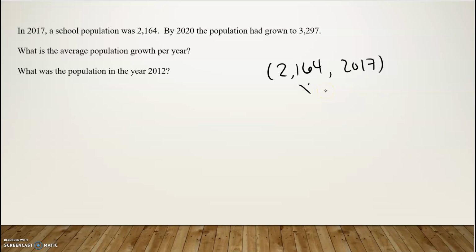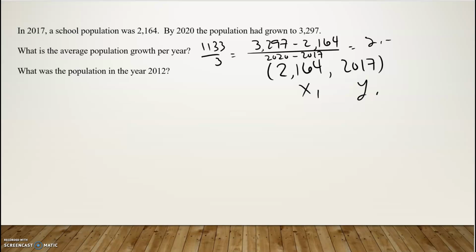And I used this as my x1 and y1, but when you look at what we had for our slope, we did 3,297 minus 2,164 over, what is that, 2020 minus 2017.